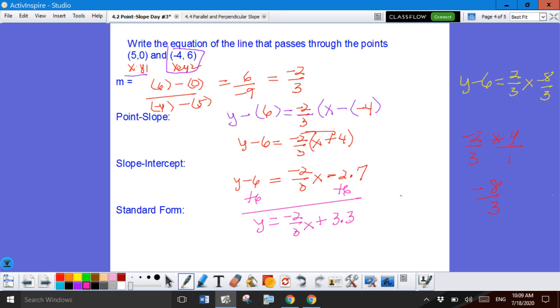Now that's fine for slope-intercept form, okay? So y equals negative 2/3 x plus 3.3. It is totally acceptable for this to be a decimal. But what is not acceptable is to have decimals or fractions in standard form, okay? So it is not useful for me to be here because that is rounding.